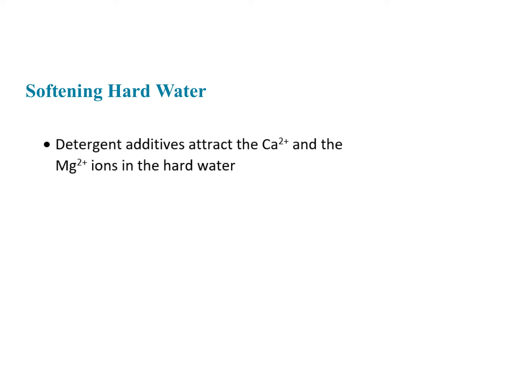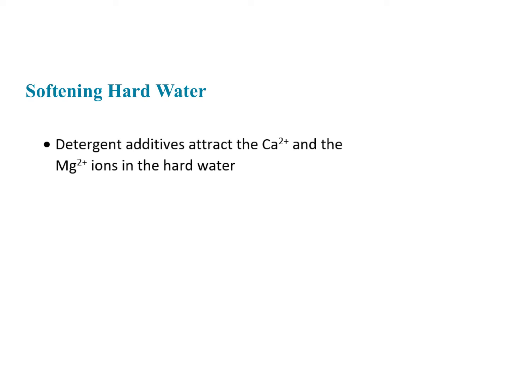Well, when you have water that has these calcium 2+ ions and these magnesium 2+ ions, they actually get attracted to the polar end of the soap and interfere with its ability to attract to the water. And so that reduces the effectiveness of the soap that you're using to try to clean yourself, because not all of the soap is being used to do its job.